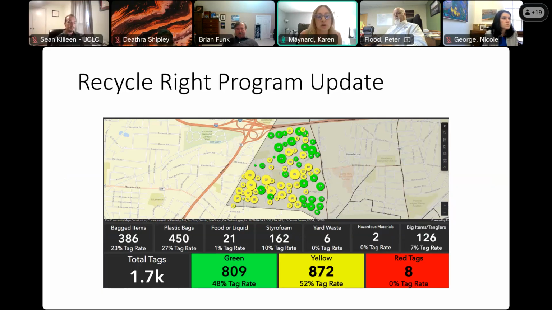So we can red tag those, and then the crew will not actually collect those at all. And there's a process for our enforcement team to know that that happened at what address, and they can inspect, give an official notice of violation, and they have 2 weeks to correct it.